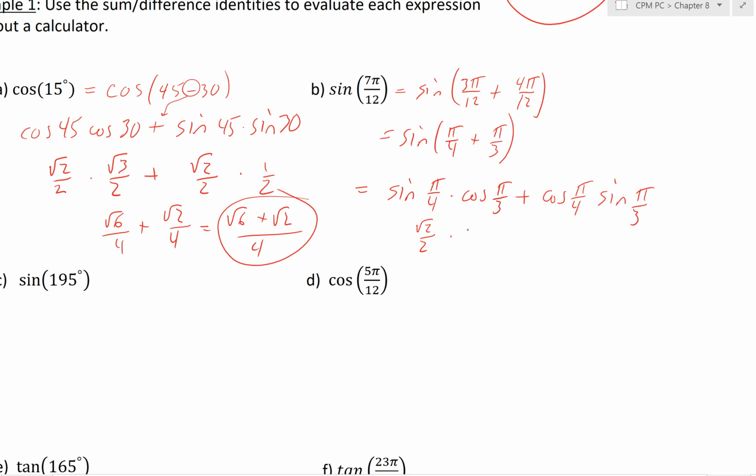That's cosine of 60, right? That's 1/2. Cosine of pi over 4? Root 2 over 2. Sine of pi over 3, which is sine of 60? Root 3 over 2.